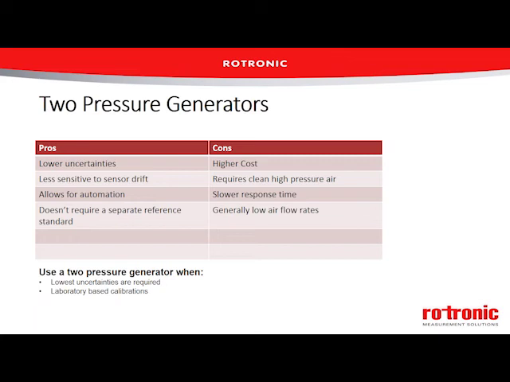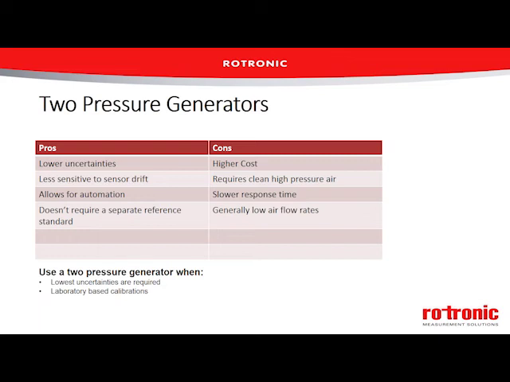There's no relative humidity measurement involved. And they do allow for some nice automation, and you don't have to have a separate reference, because if you get traceability to your temperature sensor and pressure sensors, then because we have an accepted formula to calculate relative humidity, we don't need to have a relative humidity sensor involved.